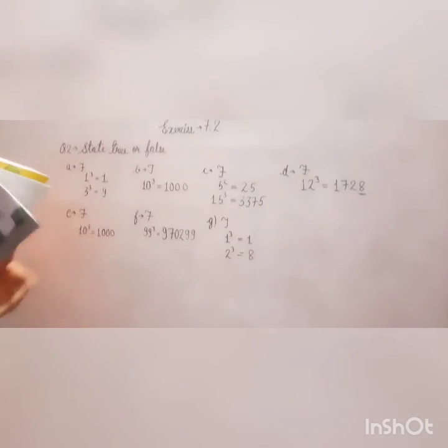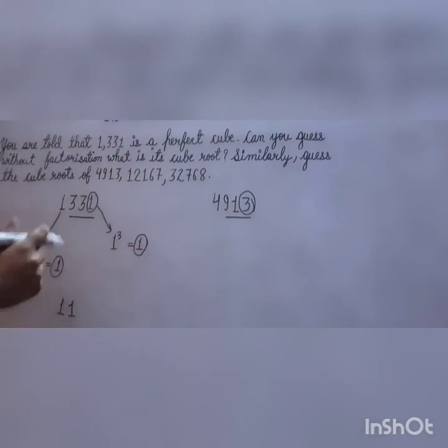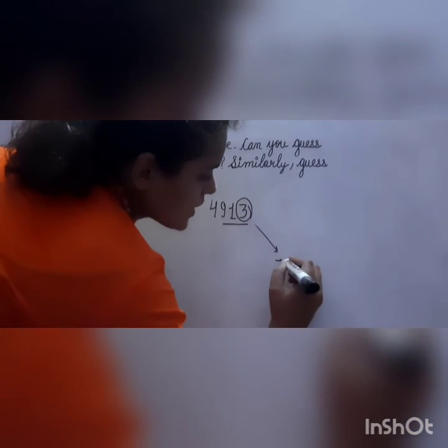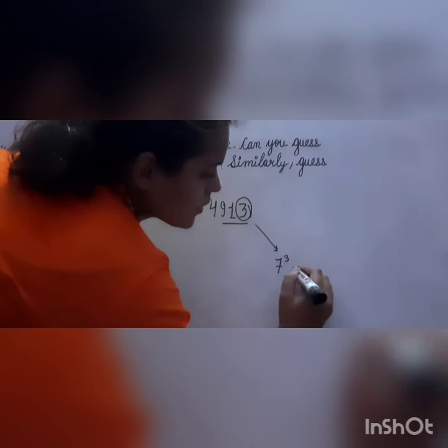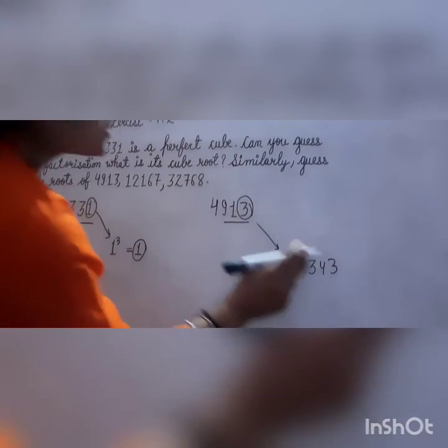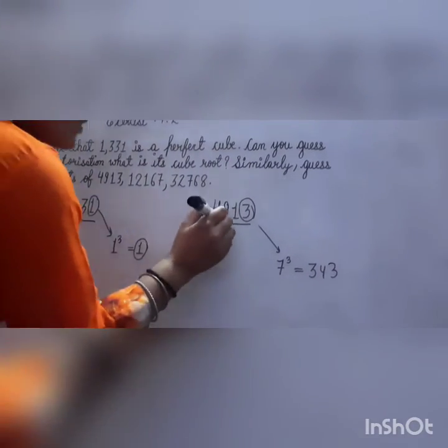Okay class. This is your question number second. 3 comes in the cube of 7. When you multiply 7 three times, it comes to 343. You can see that 3 is in the unit place. Now you take 4.